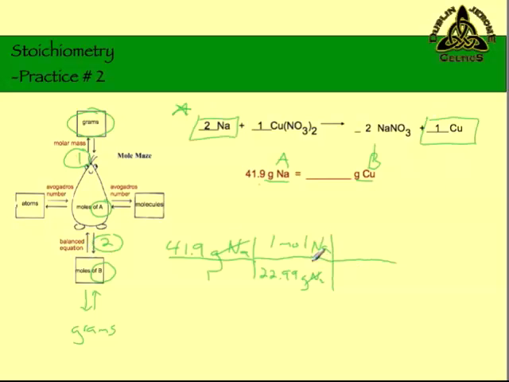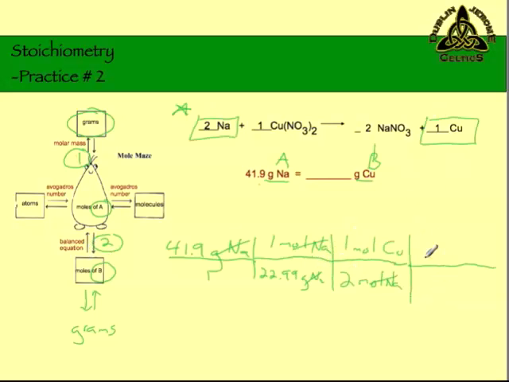So it's really important to write the symbols. I just forgot there. But that's going to help you with the molar ratio because you need to know that sodium goes on the bottom. 2 moles of sodium is 1 mole of copper. Moles of sodium cancel out, and I'm left with moles of copper. Trying to get to grams of copper. That's not too bad. I can do the molar mass again.